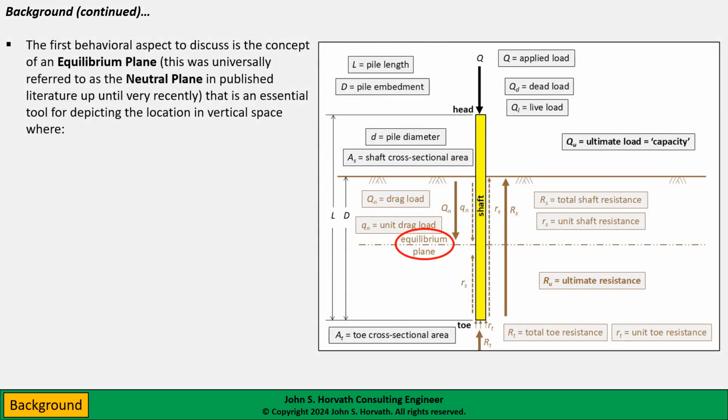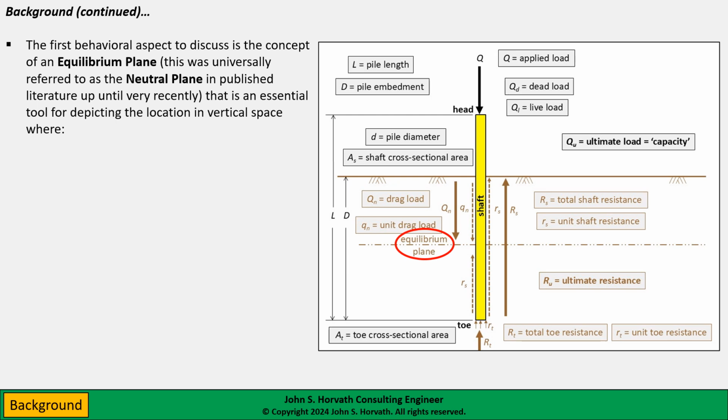Now the first behavioral aspect that both residual loads and global settlement have in common is that we use the concept of an equilibrium plane. Now, when you look at the published literature, what I will be calling the equilibrium plane was called the neutral plane in published literature up until very, very recently. Even this change has only occurred within the last year or two.